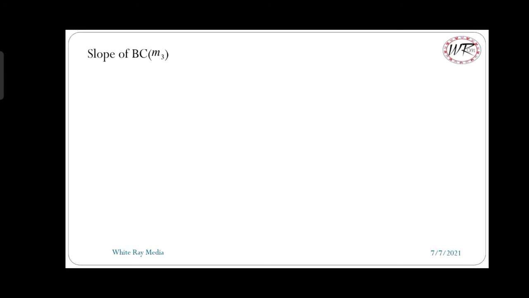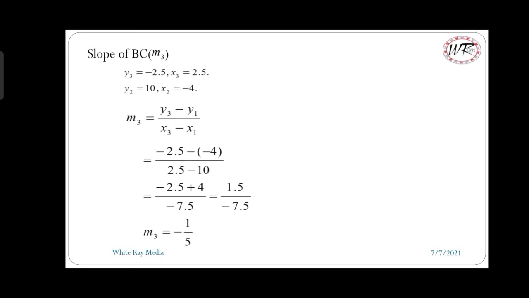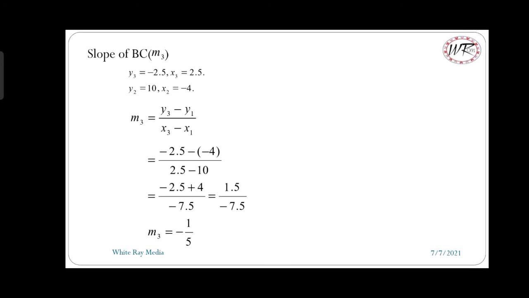Now let us find the slope of BC, taken as M3. We are applying all the x and y values in M3. (-2.5 minus (-4)) divided by (2.5 minus 10). That is equal to 1.5 divided by -7.5. Therefore, M3 is equal to -1 divided by 5. Now let us find the slope of AD, taken as M4.